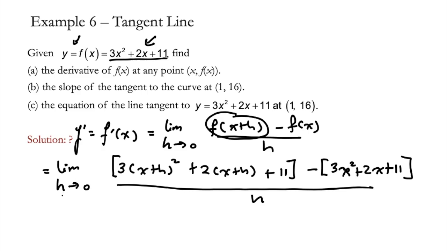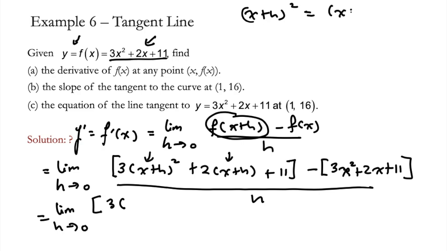And what you need to do next is to expand this, and also to expand this. So to write it again here, limit as h approaches 0. In brackets, 3, when you expand, it means (x plus h) squared is exactly equivalent to (x plus h) times (x plus h), isn't it?